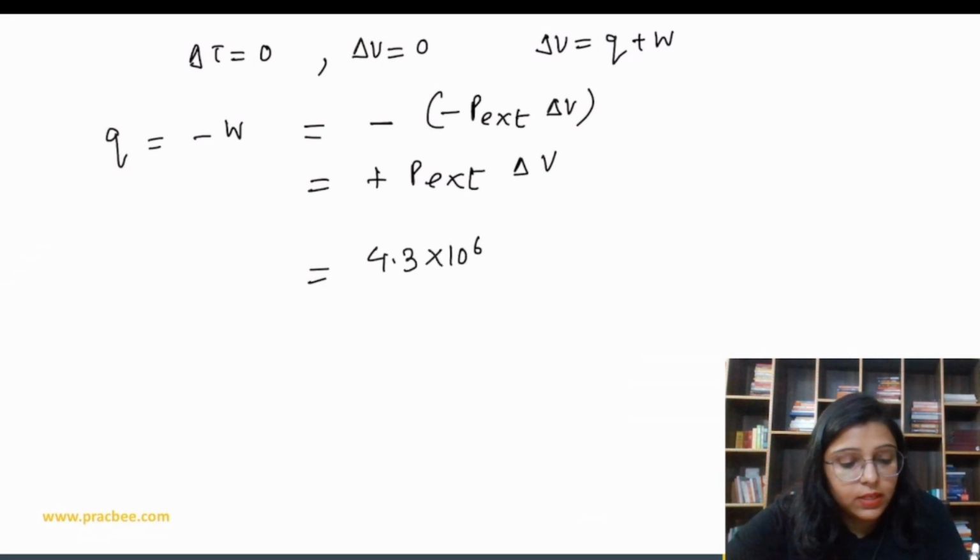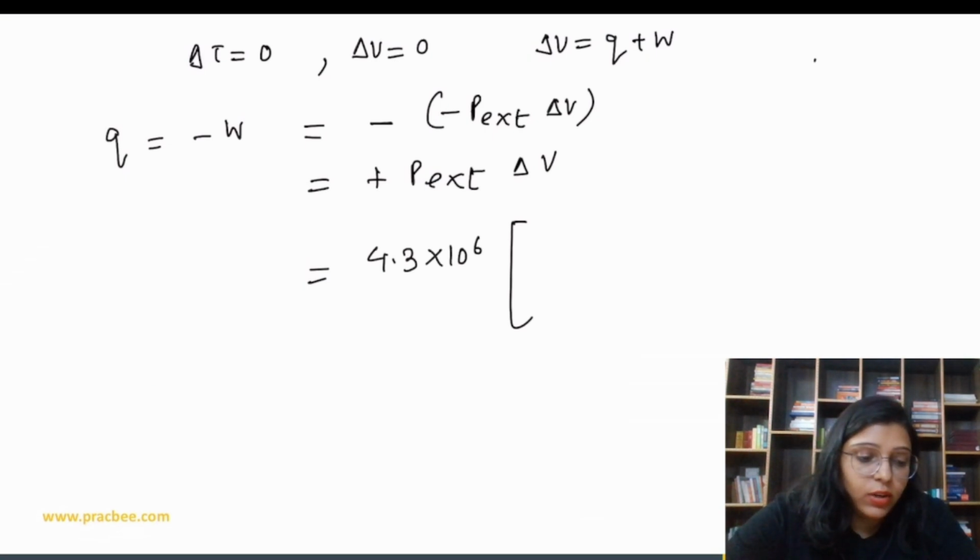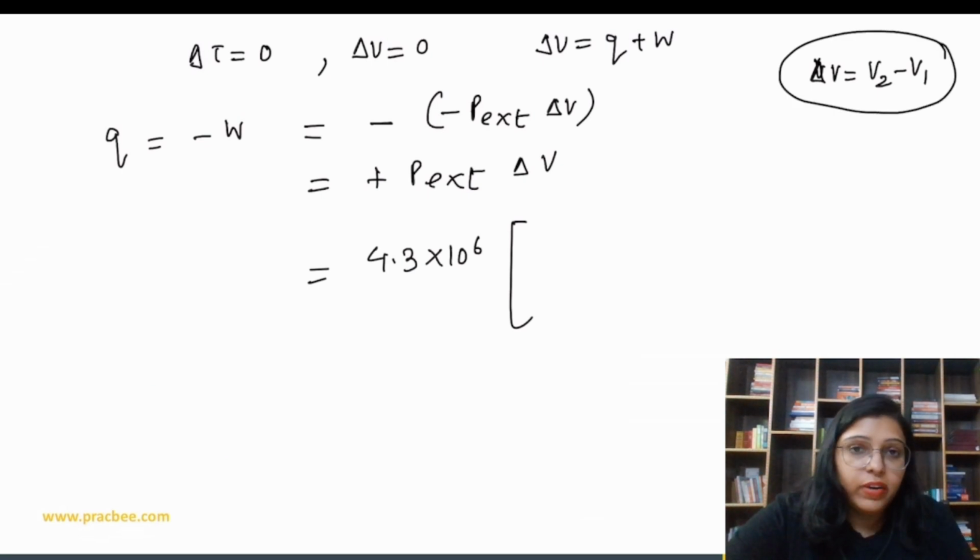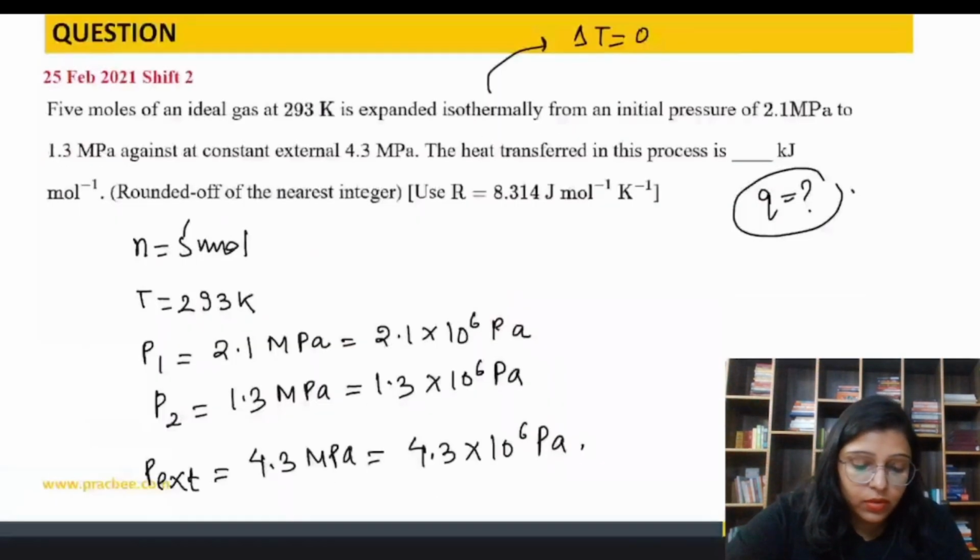Now delta V is equal to V2 minus V1. So how to find out V2 and V1?